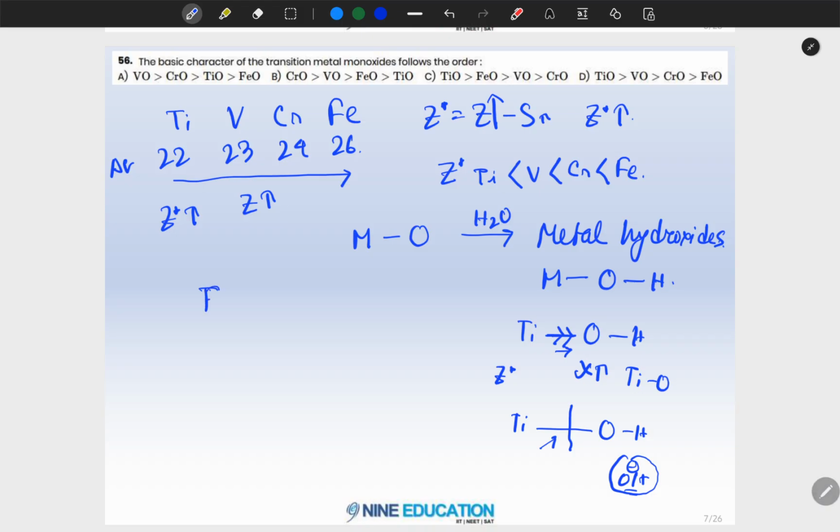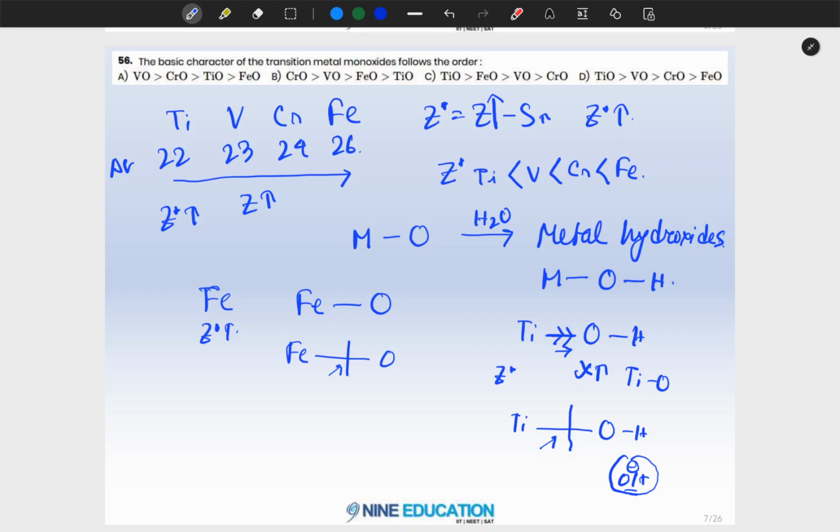In case of iron, the effective nuclear charge is comparatively high, so the Fe-O bond is sufficiently strong. The electron cloud will be pulled by both oxygen and iron, so there is less probability of elongation and less probability of dissociation of the Fe-O bond. In case of titanium, since the effective nuclear charge is less, the nucleus will not be able to pull the electron cloud.